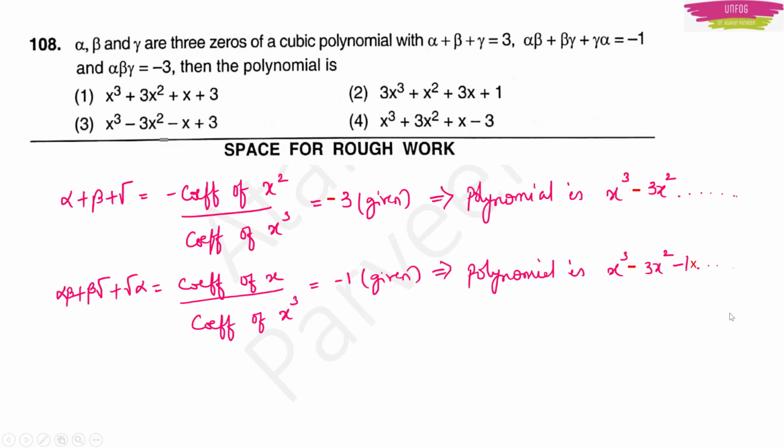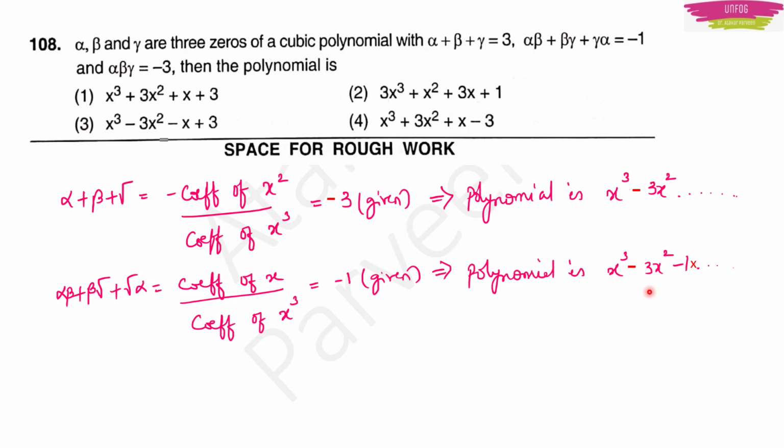Then again you have to see next alpha beta plus beta gamma plus gamma alpha. The formula for this is coefficient of x upon coefficient of x cube. You should get -1, right? So to get -1 you should see that x should be -1 and x cube should be 1. So this is how you get this polynomial.